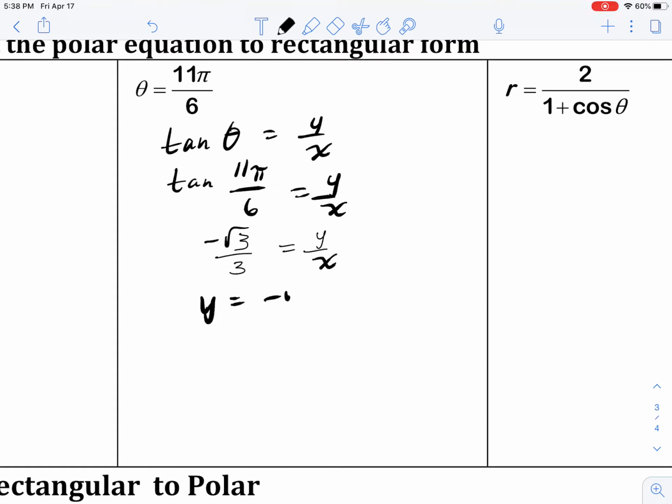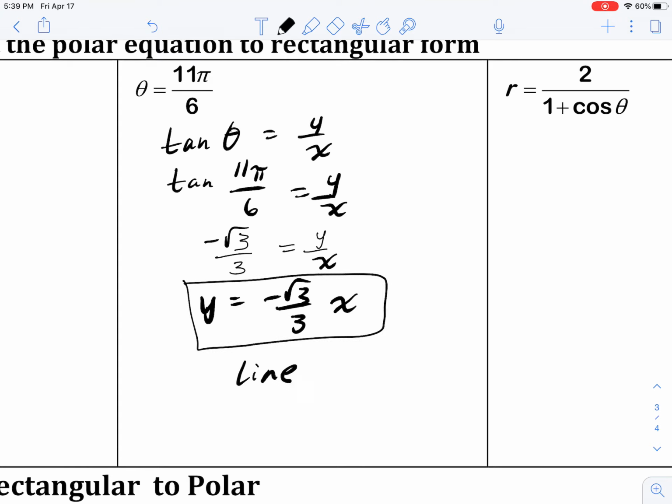So then y is simply equal to negative root 3 over 3 x. And this, again, gives us just a line with a slope of negative root 3 over 3.